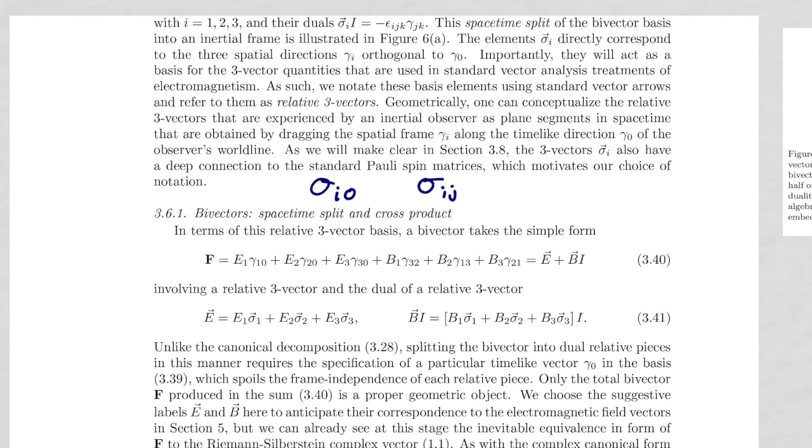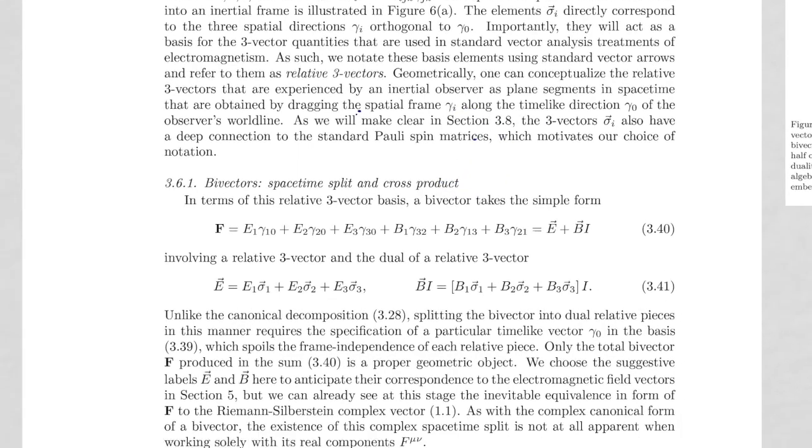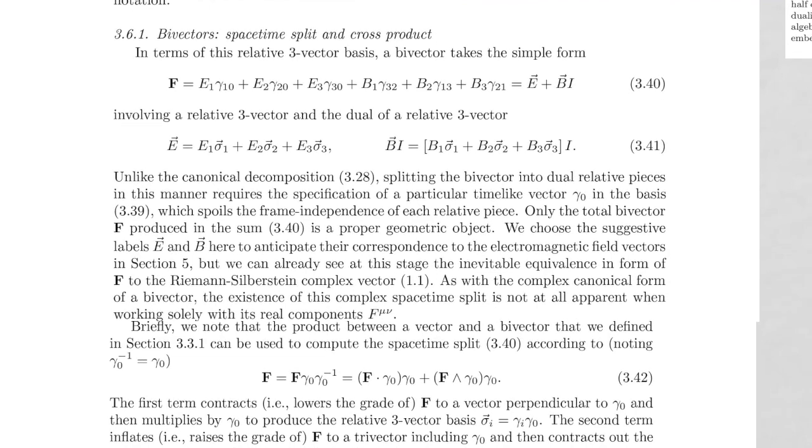And we realized that this group we're going to take to be the dual of the first group. There are 3 vectors here, there are 3 vectors here for a total of 6, and that is the spacetime split for bivectors. Maybe I got a bit ahead of myself, so let's see how they do it here.